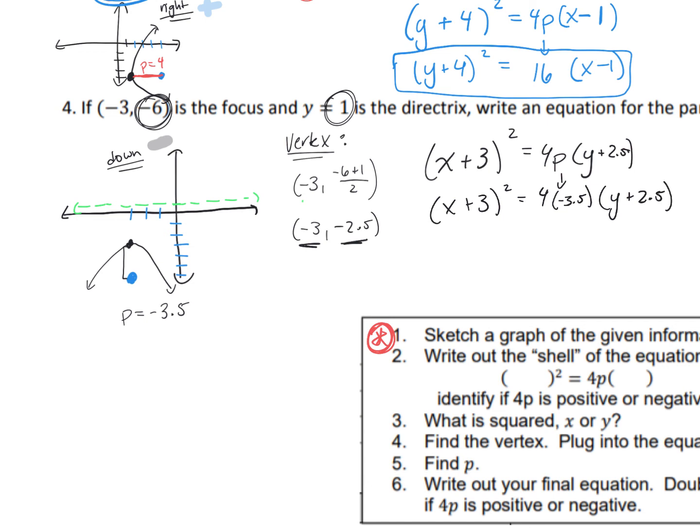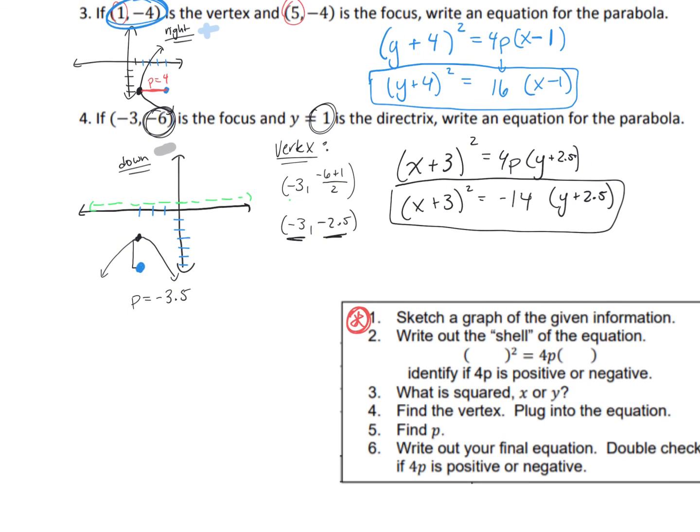Finishing it out, if I just multiply that 4 times that negative 3.5, that's just going to be negative 14. And so now I have my equation here.